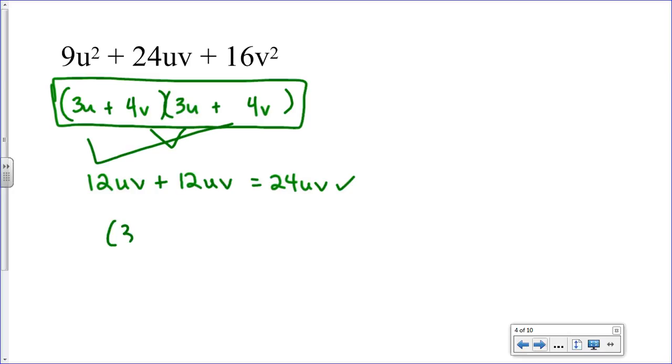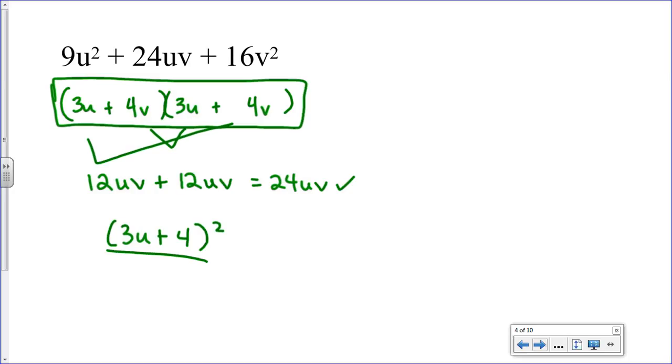Since those are identical, it's tough to go from here straight to here. That's why, like I said at the beginning, the 2 patterns that we wanted to look for were difference of squares and sum or difference of cubes. But binomial squared, it's tough to go from the beginning right to here.